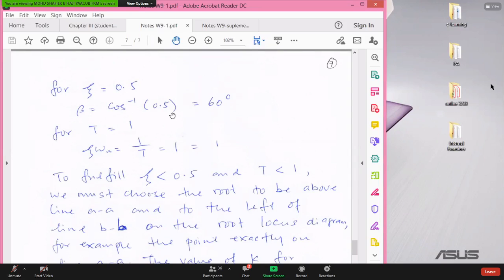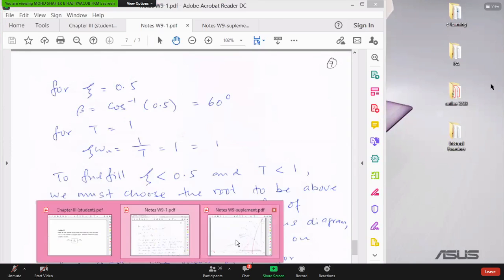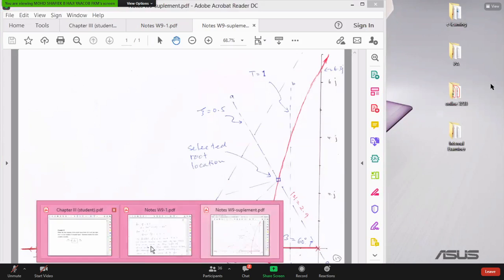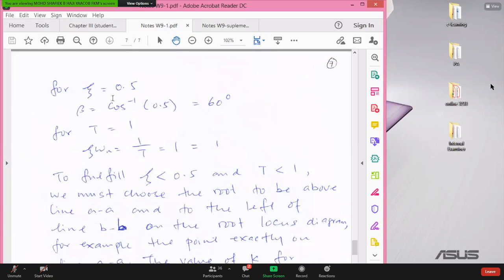For damping ratio 0.5, we get the angle beta equal to 60 degrees. So from the origin, you measure 60 degrees and draw a straight line, line AA here. Anywhere below that is going to give you a damping ratio of 0.5. When damping ratio is 0.5, the angle beta is 60 degrees.